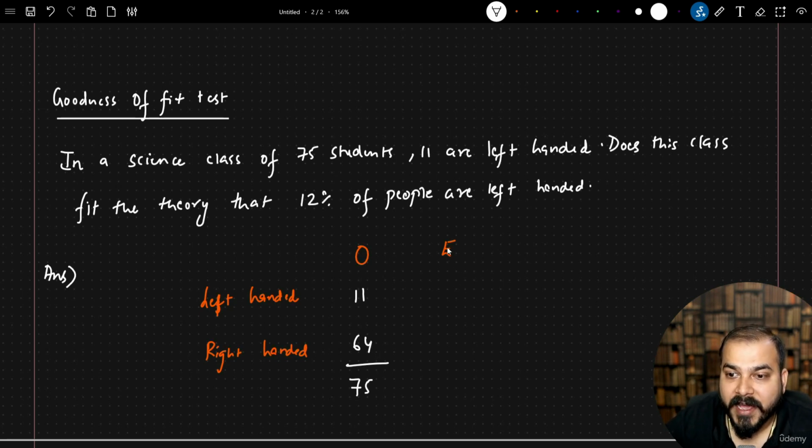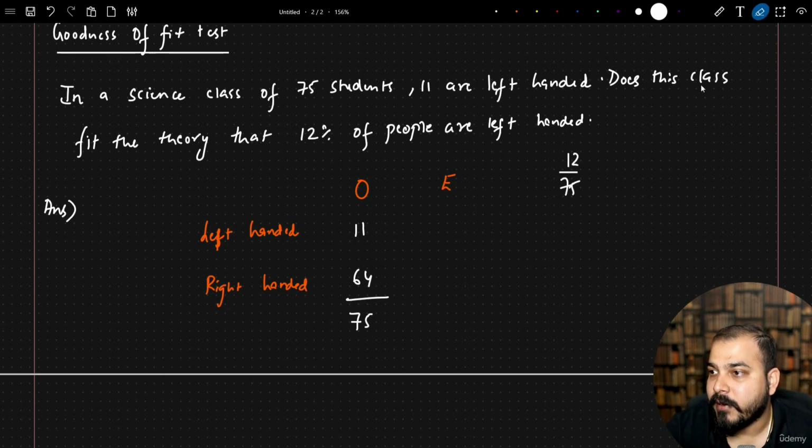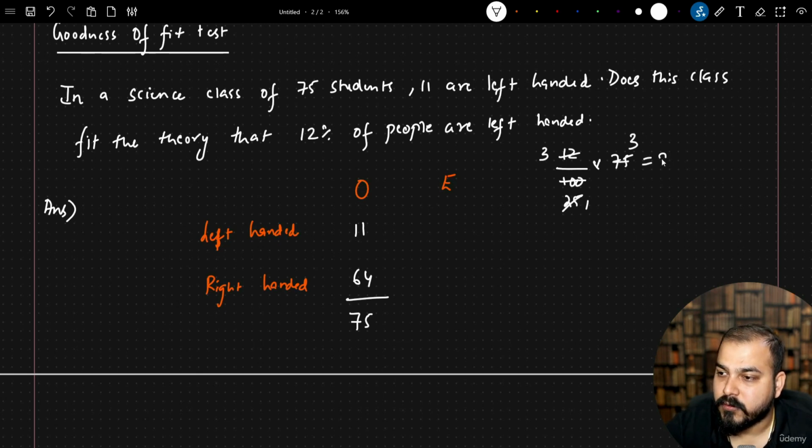Now how do I calculate my expected value? Does this class fit the theory that 12% of the people are left-handed? The expected value will be derived from here. It is very simple. It says 12% of the people are left-handed, so if I write 12 by 100 multiplied by 75, the value I get is 9 people, which will be the expected value.